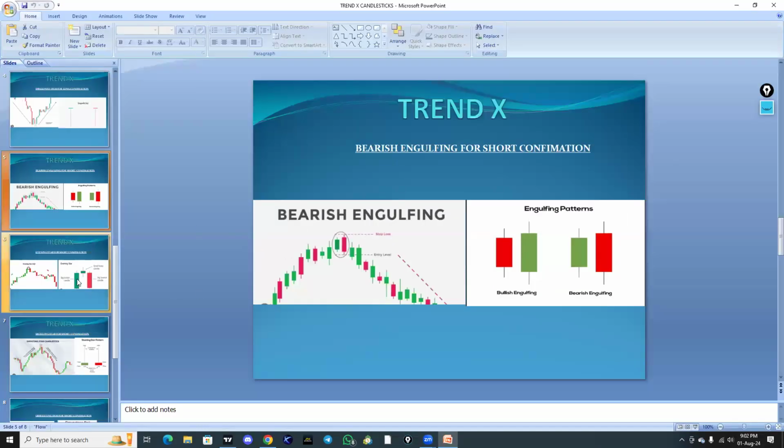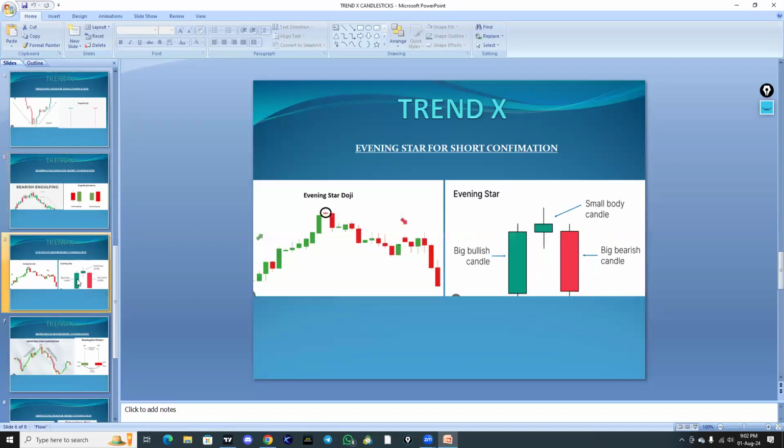The second candle is the evening star candle. When we were looking at a long position, that was a morning star. Now this is evening star. The evening star pattern will look like this. We'll see one green candle, after that one small doji, after that one big red candle.